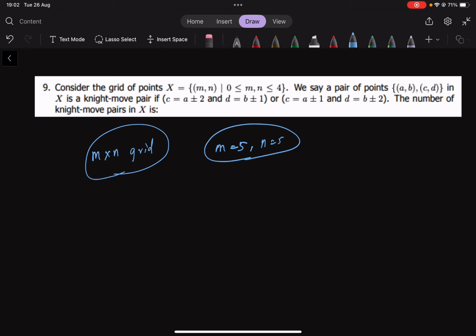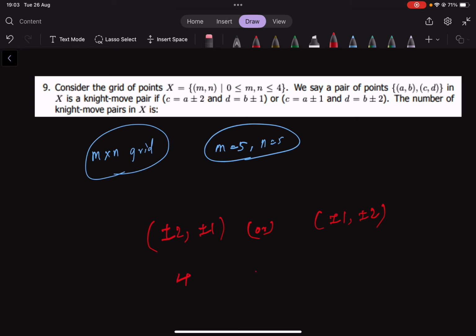A knight can move in eight different ways. How can we say that? If we consider the C and D values for this A, it's plus or minus 2 comma plus or minus 1, or plus or minus 1 comma plus or minus 2. That means horizontal 2 vertical 1 type will be 4, and horizontal 1 vertical 2 type will be another 4.